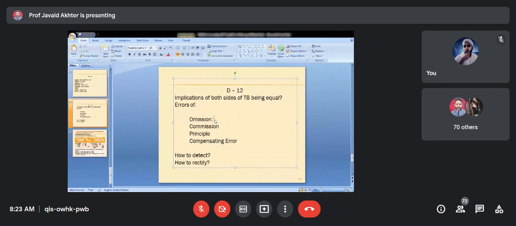Okay, can you give me some examples of error of omission? So it can be any example if we forgot to put any entry, like any amount. Tell me the transaction. Like, sir, we purchased furniture, so we omit to record the purchase of furniture in both the sides. The example is we purchase furniture.